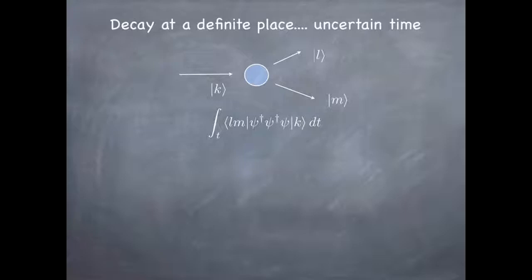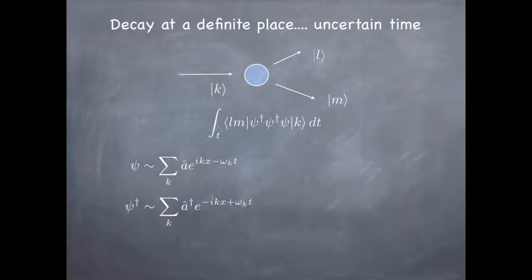But notice that if I have a definite place but an uncertain time, I have to express my psi and my psi dagger with some kind of superpositions of creation and destruction operators in the plane wave representation.